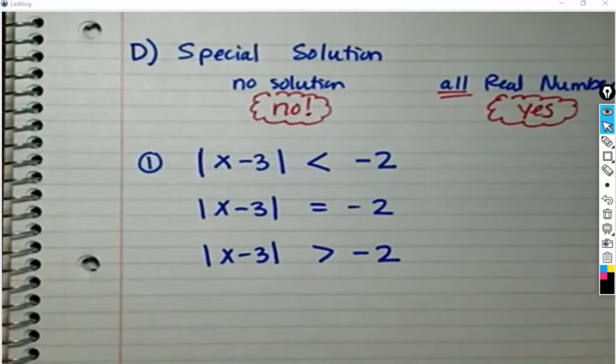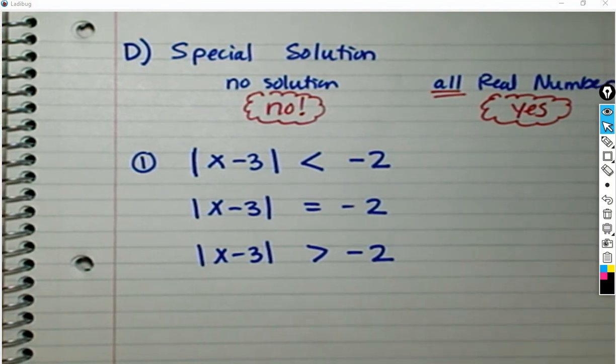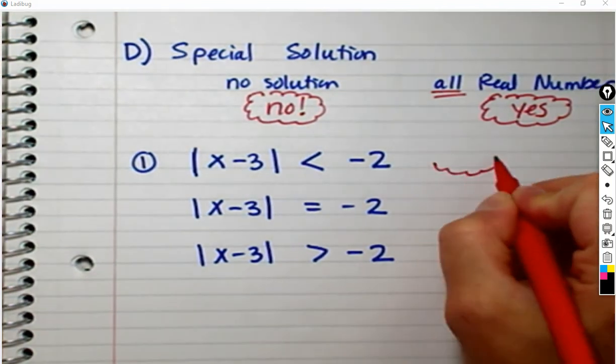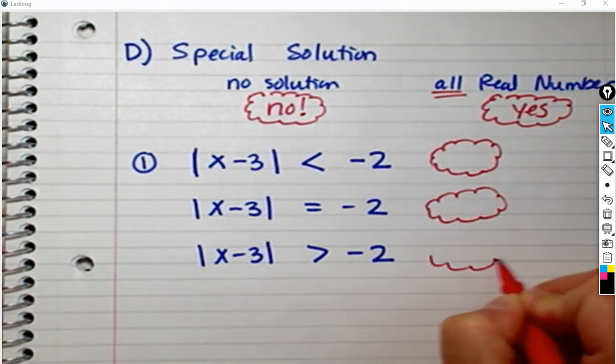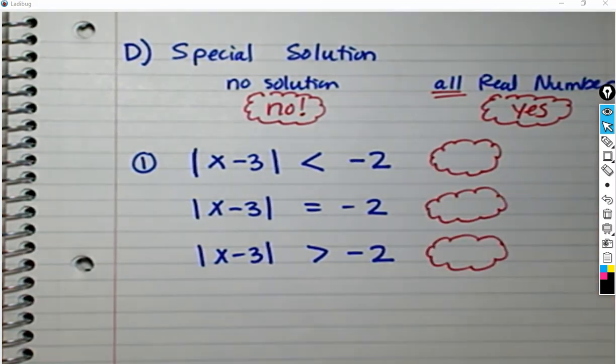Notice I already gave you the isolated statement, so we're just doing the thinking part. Okay, thinking bubble. I need yeses or nos.